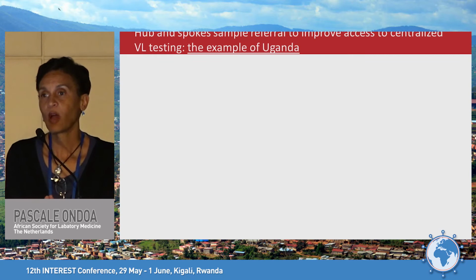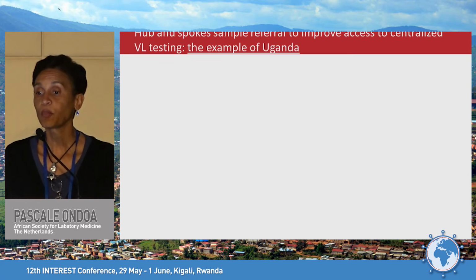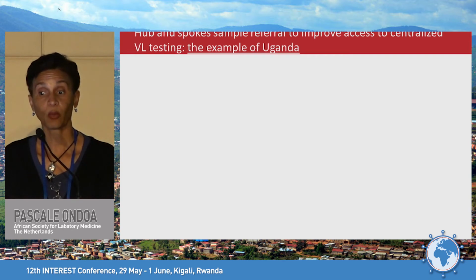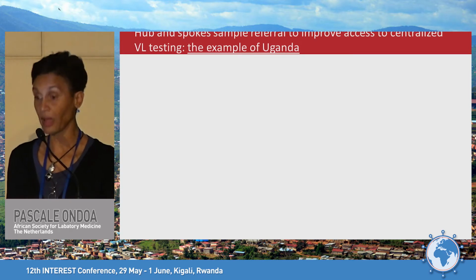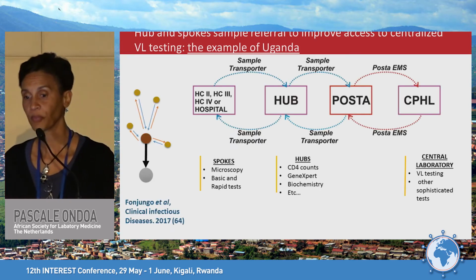So the first thing I would like to talk about is the sample referral system that can improve access to centralized viral load testing, and I will show you the example of Uganda. And why I talk about centralized testing is because those machines are already in place, and this is the system that most of the country are using right now.